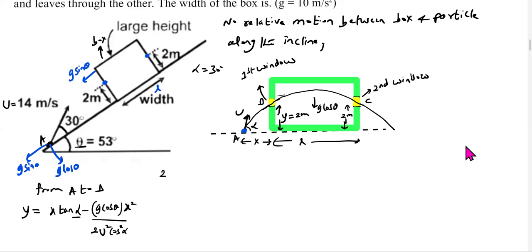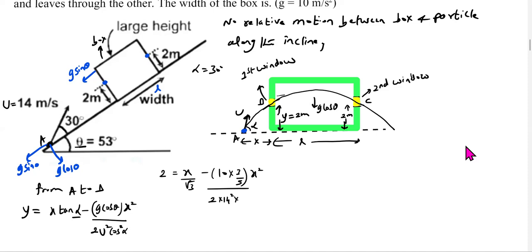y will be 2. x we don't know. tan alpha, where alpha is 30 degrees, will be 1 by root 3, minus g will be 10, cos theta, cos 53, which is 3 by 5, x square, we don't know that. 2u is how much? 14 square, cos square alpha.